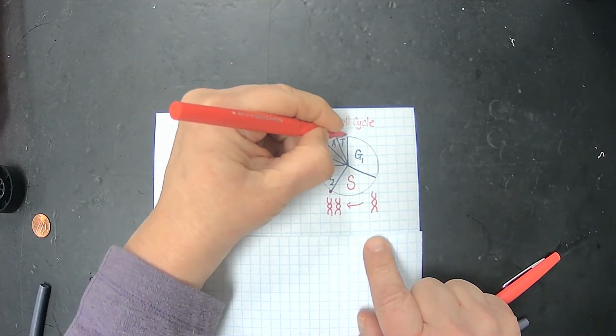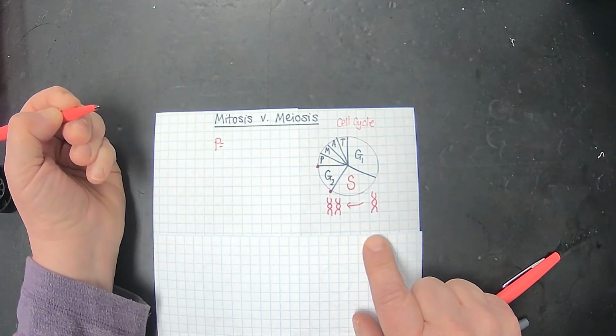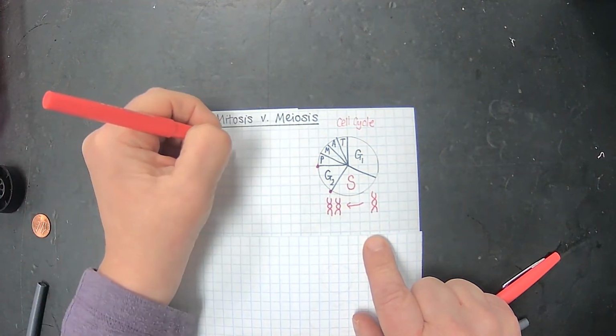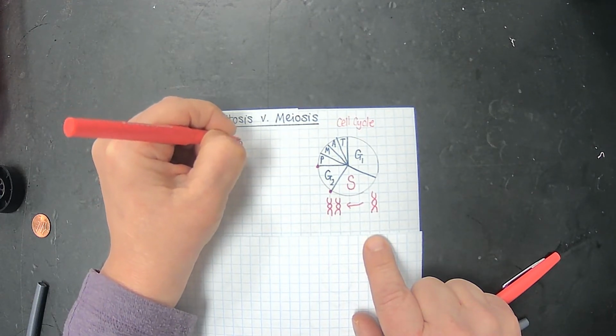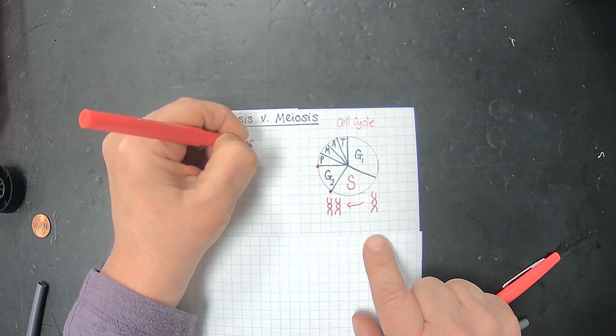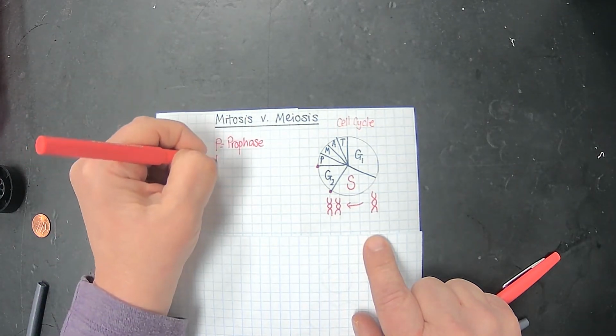Okay, so if you remember, we need to know the stages of mitosis. P stands for prophase, when the cell coils up and the DNA coils up and makes chromosomes.